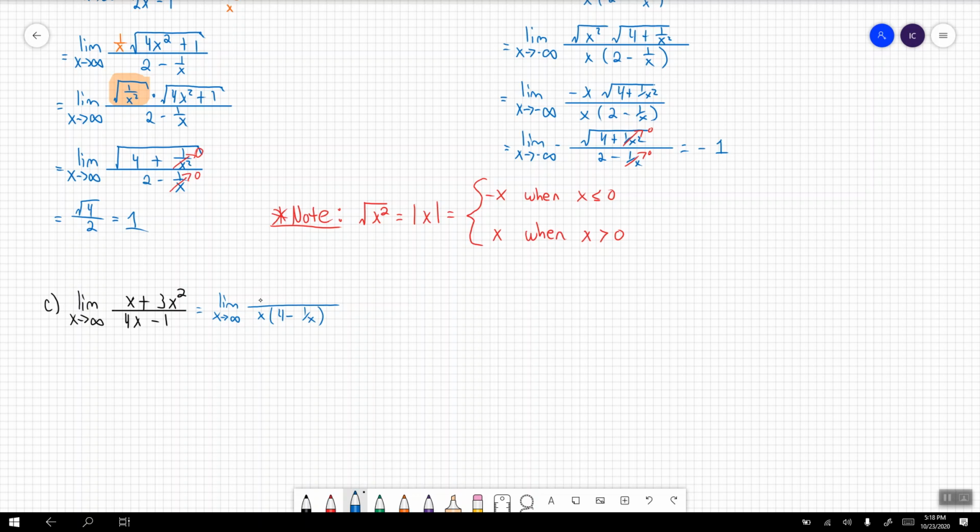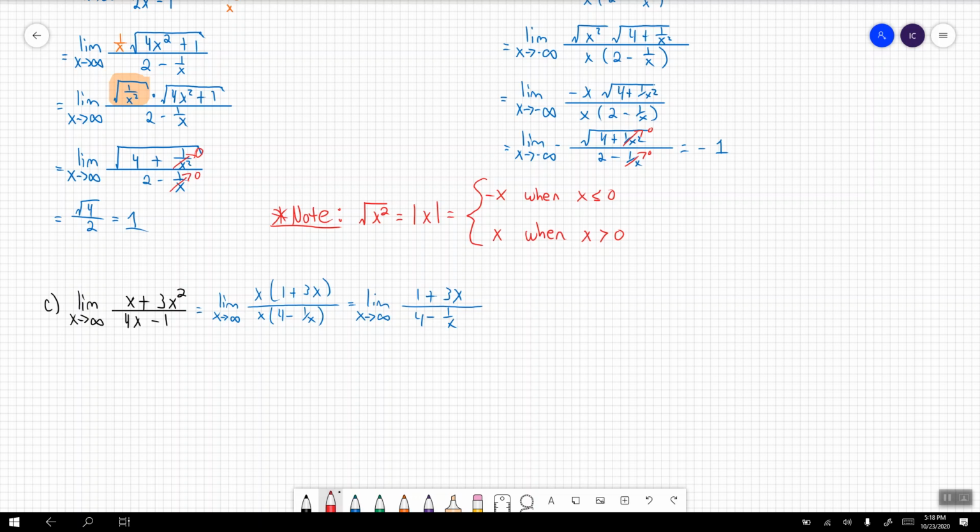For the numerator, since I want the x's to cancel, I'm only going to factor out one of those x's, which means we're going to be left with x times the quantity of 1 plus 3x. And in doing so, we can see that the x's will then simplify, and the result will be 1 plus 3x divided by 4 minus 1 over x.